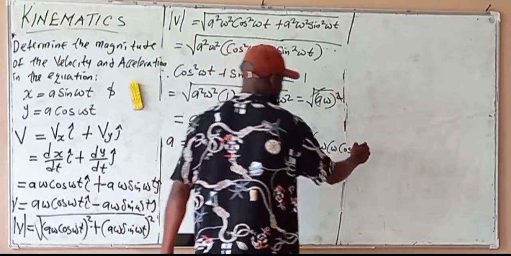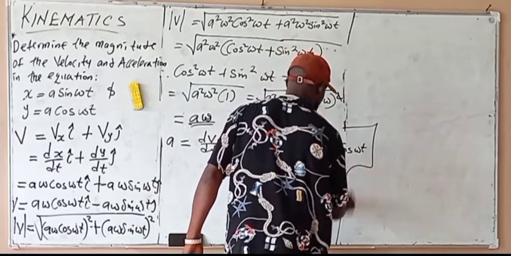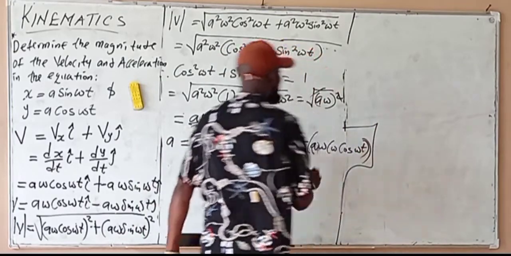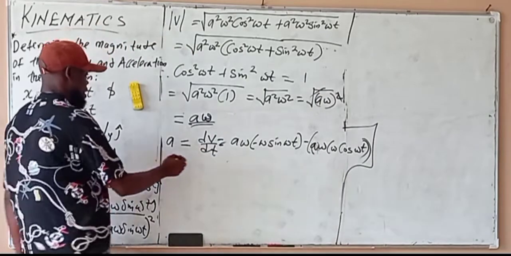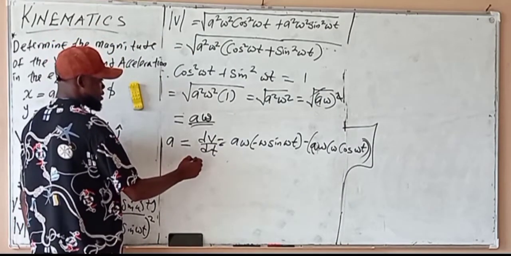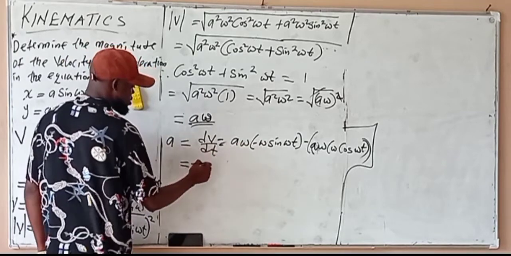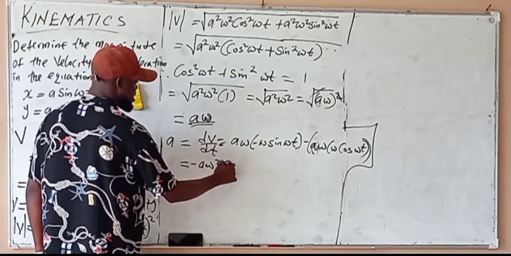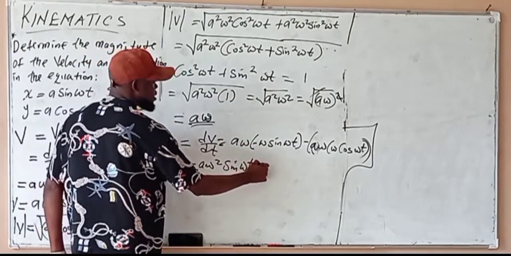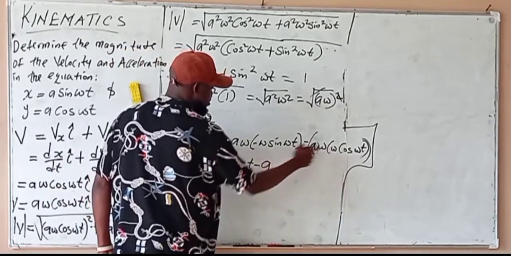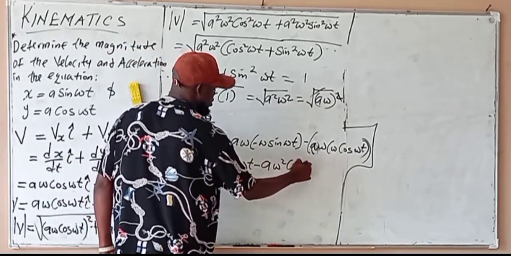Then repeat this WT. So at the end of the day, I'm going to have the acceleration to be minus AW square sin WT i minus AW square cos WT j.